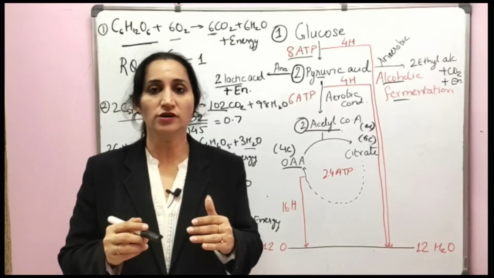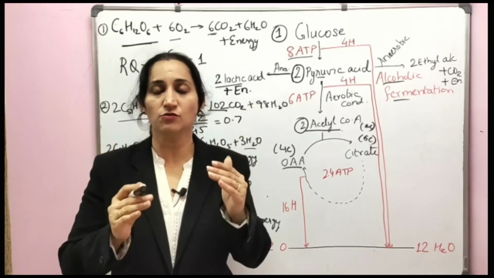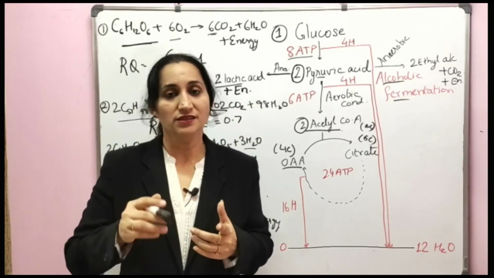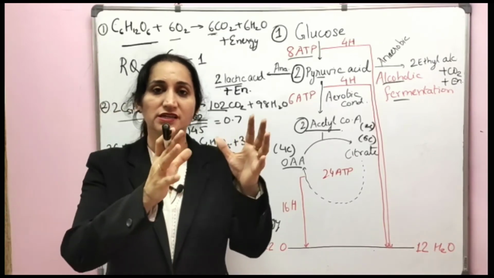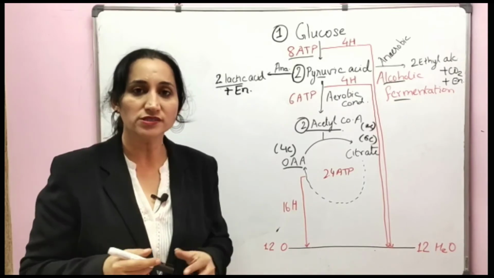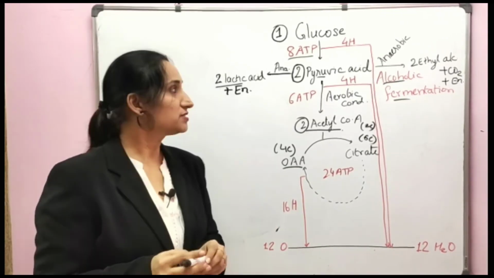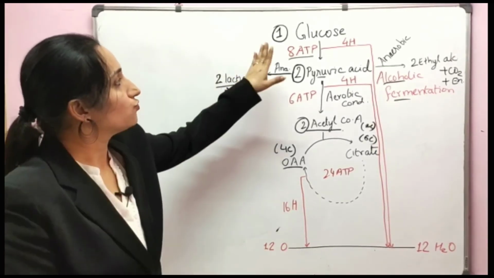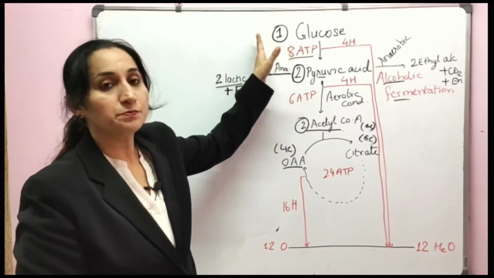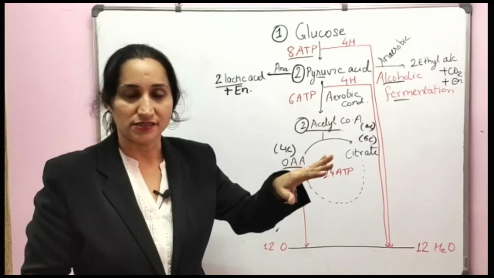Now let us have a brief look at the mechanism of respiration. In the subsequent videos, we will take each and every stage of the respiration in detail. There are actually 4 stages in which respiration is being completed. The first stage is in which one molecule of glucose is partially oxidized to pyruvic acid.